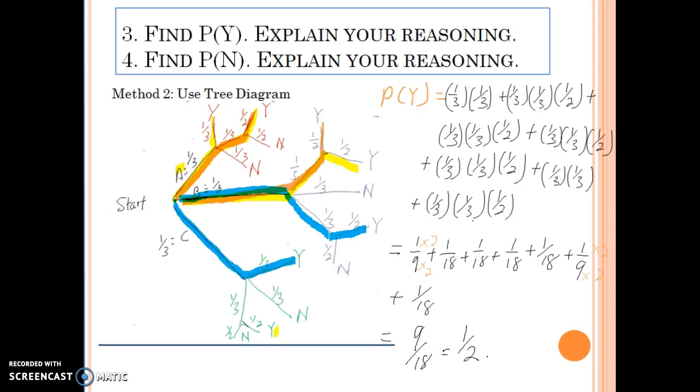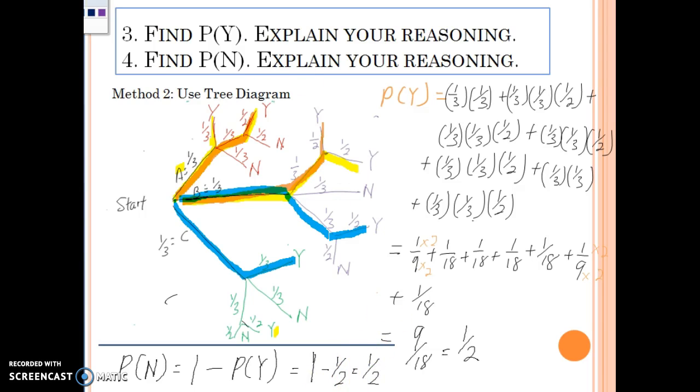You can do the same for no, or you can do what I did: the probability of getting a no is equal to all possible things that could happen in this situation, subtract the probability of getting a yes. Which is 1 minus half, so it's half.